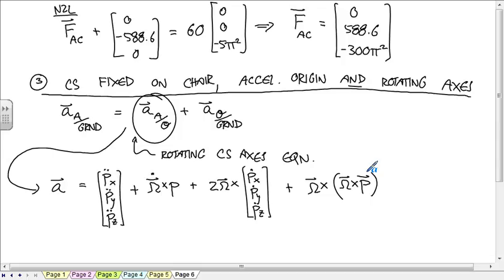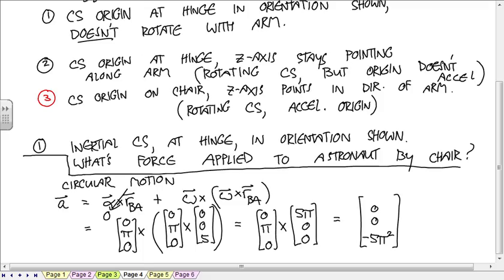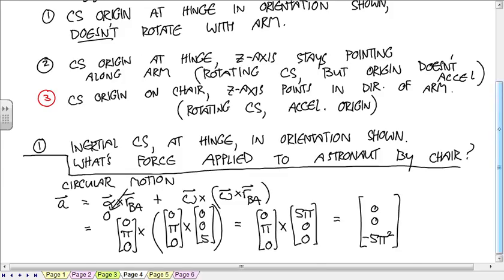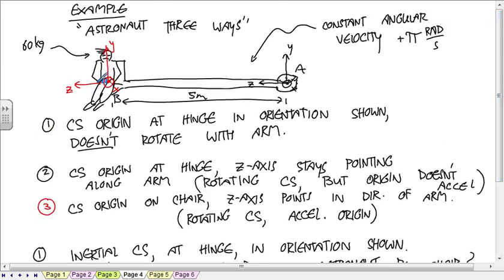All right, so in this coordinate system, let's go back to the picture. Can you come up with mathematically what the position vector of the astronaut is as a function of time? It's 0, yep.